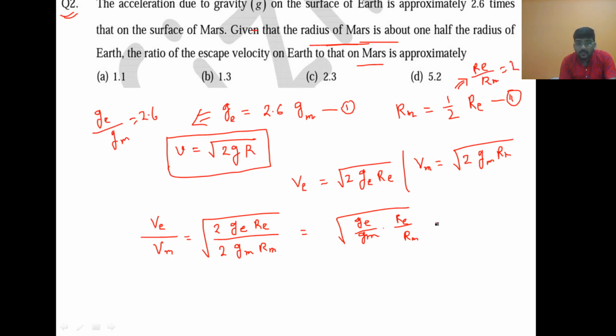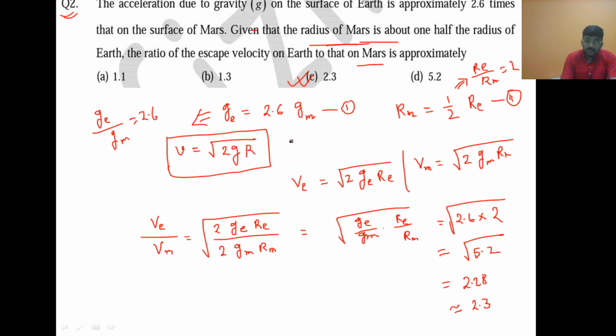So it will be root of 2.6 into 2, that is root 5.2, and root 5.2 is equal to 2.28. So it can be approximately taken as 2.3. So C will be the answer.